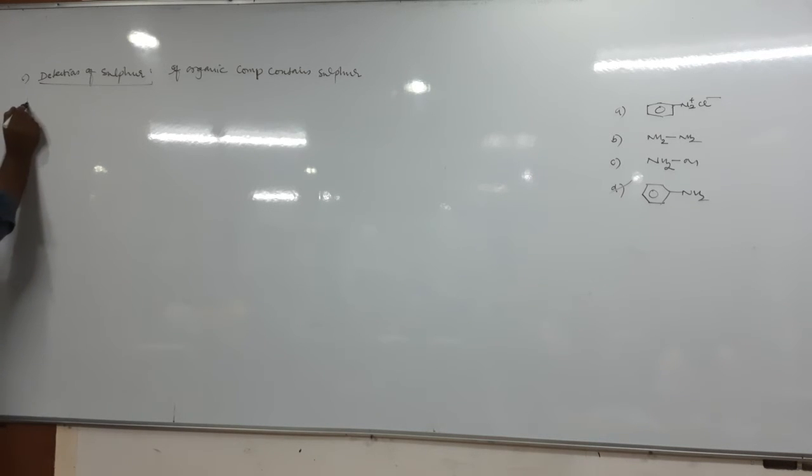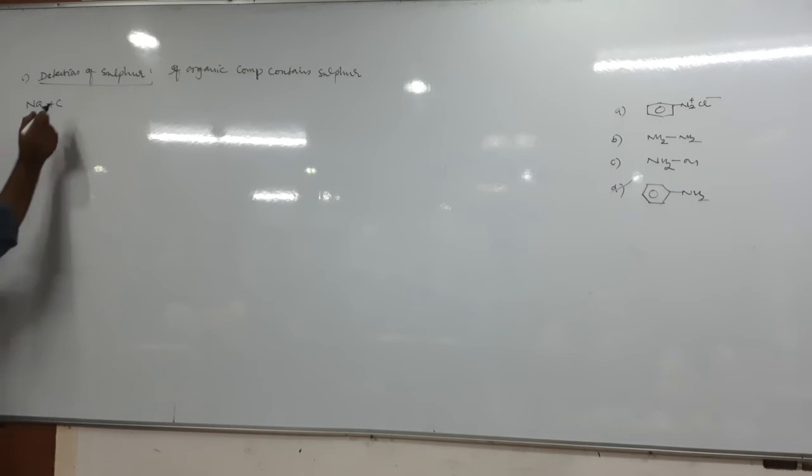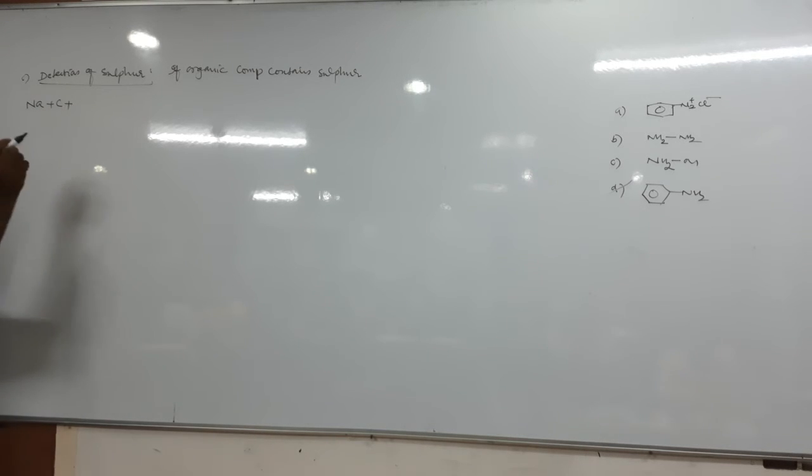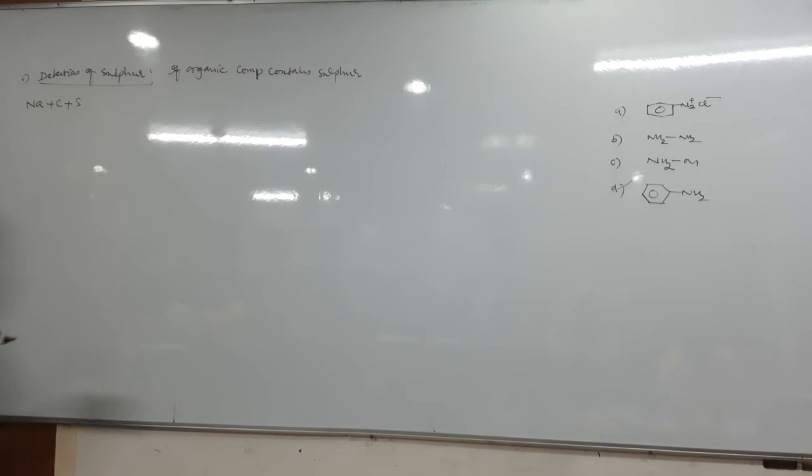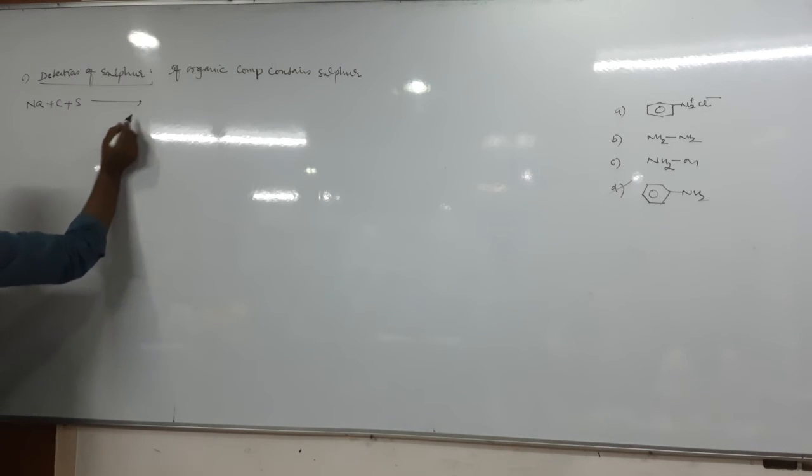In the Lassaigne test there is sodium, we are adding, carbon will be there, and next sulfur will be there, no? If sulfur is there, now tell me, if the sulfur is present, what does it form?